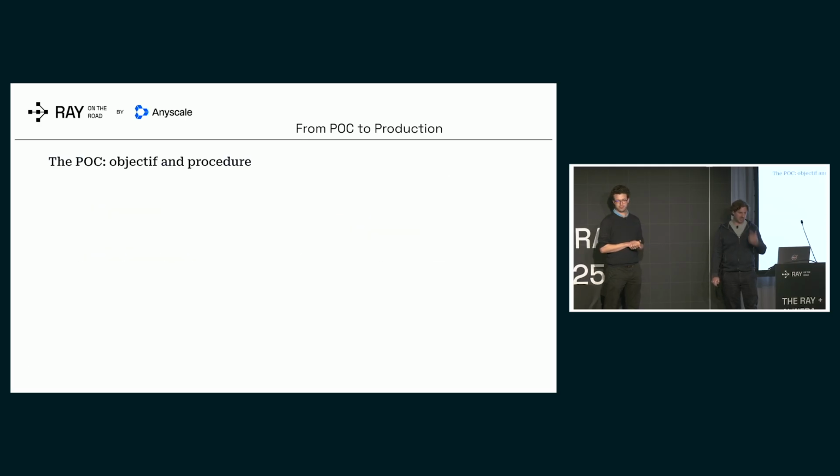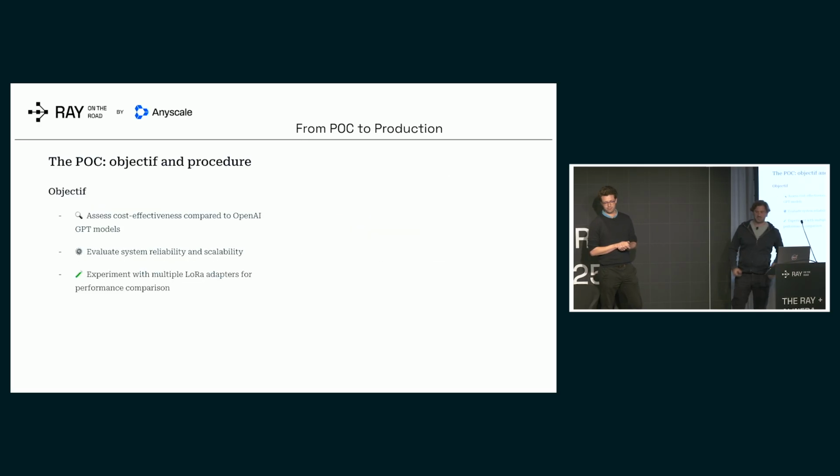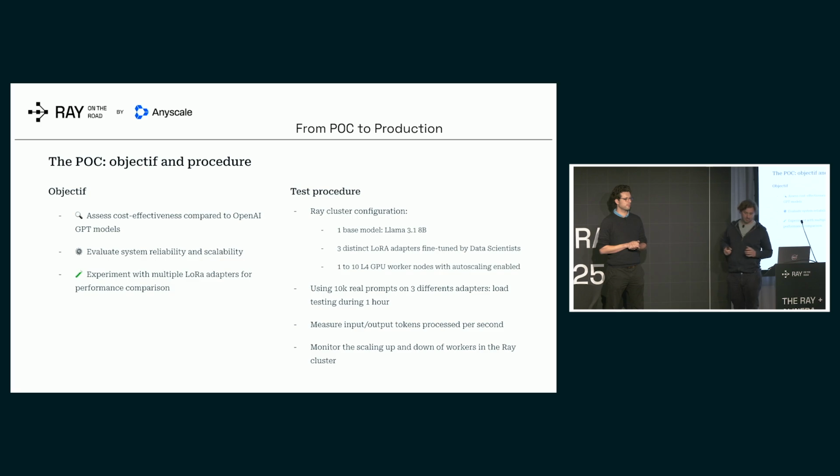So the objective was simple: assess the cost effectiveness compared to OpenAI GPT models, evaluate the reliability and scalability, and experiment with multiple LoRa adapters and benchmark the performance compared to the base model. To do that proof of concept, it was really simple.